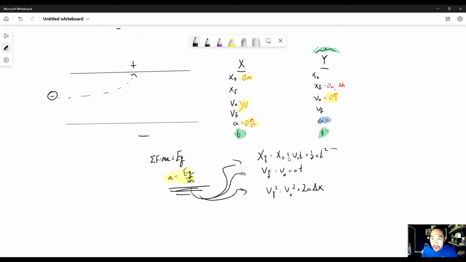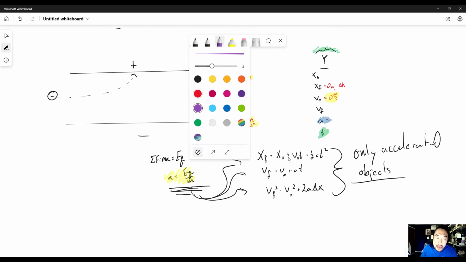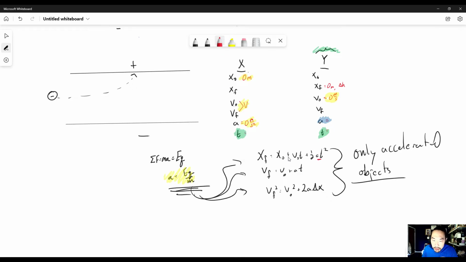Now, I just want to point out that these three are only for accelerated objects, or any particle or object experiencing acceleration. And the reason why I say that is, if you take a look here, if your acceleration is 0, the formula does in fact fall apart.